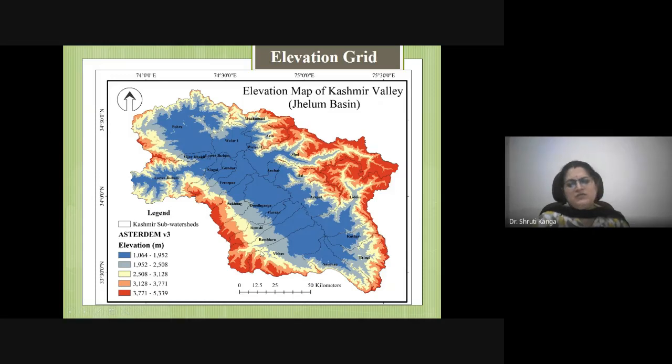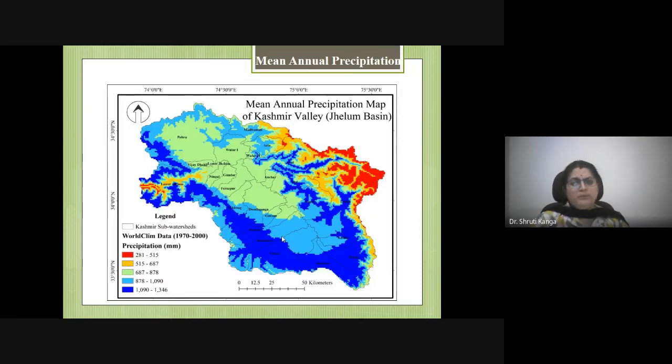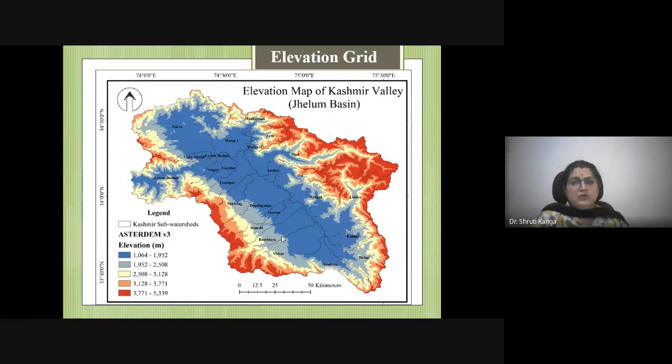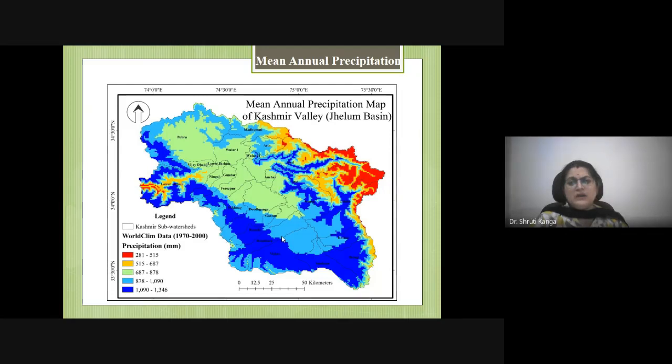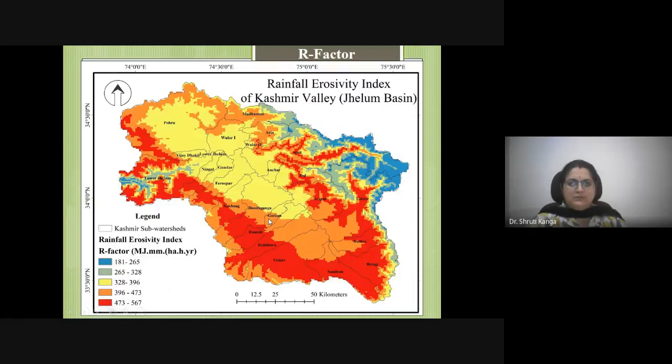Now, these are the different sub basins, so this kind of study can also be opted for the calculation of different kinds of analysis. This is the mean annual precipitation map, where you can see from 281 millimeter to 1346 millimeter rainfall was observed in this Kashmir Valley.